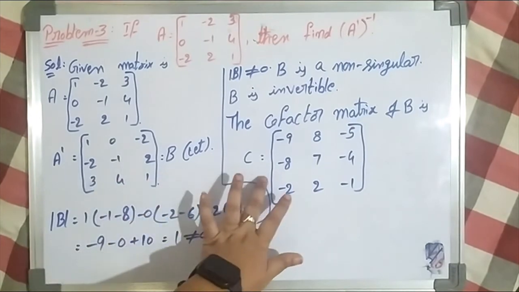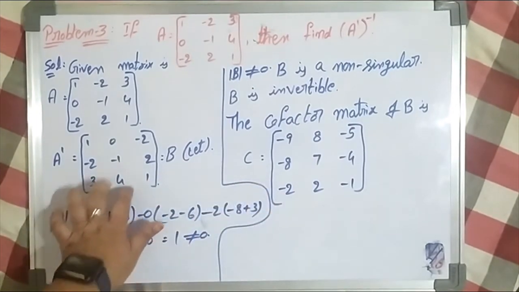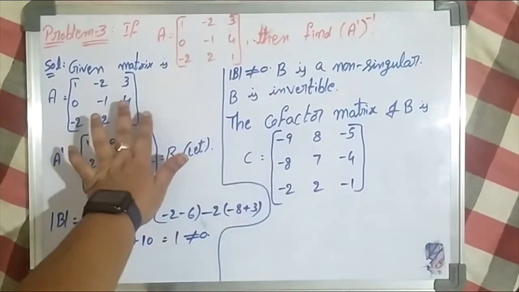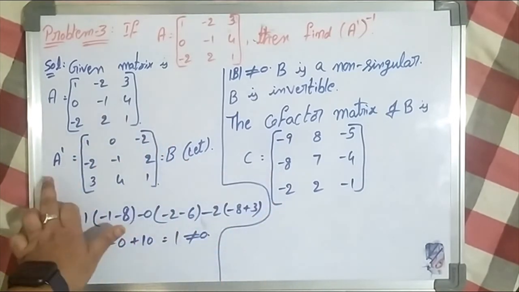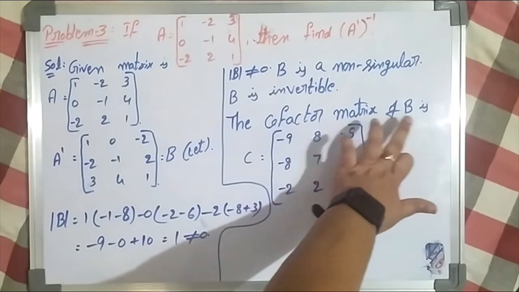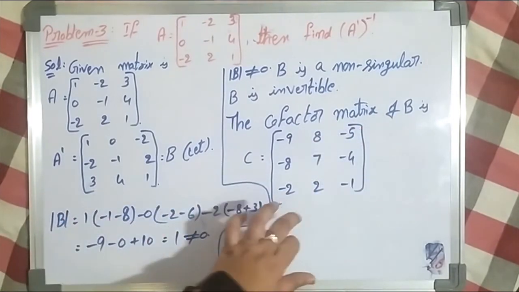This is the cofactor matrix of B. B is nothing but A transpose. The cofactor matrix of the A transpose matrix is C.